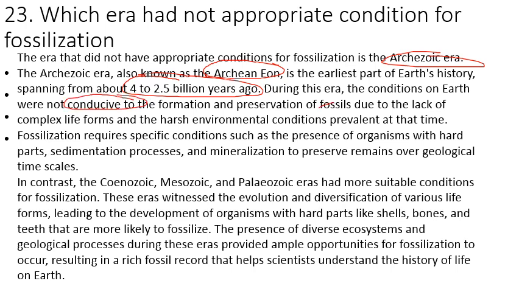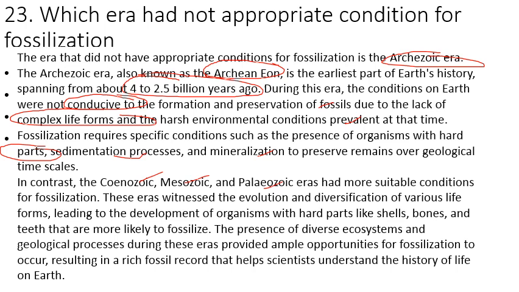During this era, conditions on Earth were not conducive for the formation and preservation of fossils due to lack of complex life forms and harsh environmental conditions at that time. Fossilization requires some specific conditions such as presence of organisms with hard parts, sedimentation processes, mineralization, and preserved remains over geological timescales.